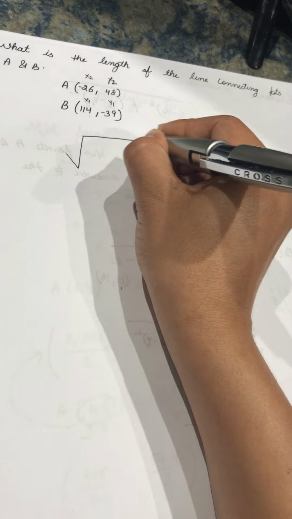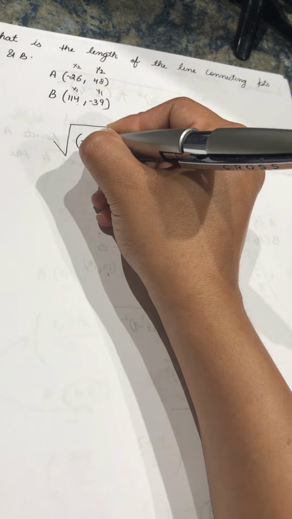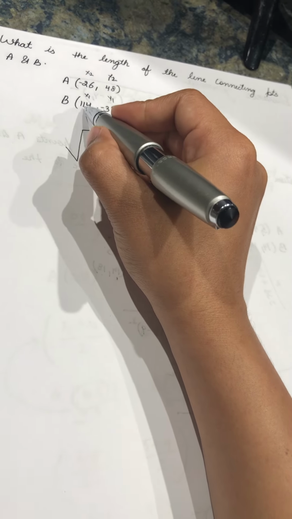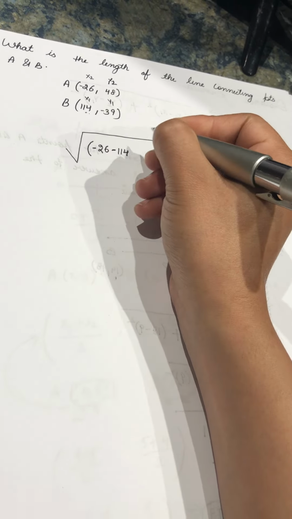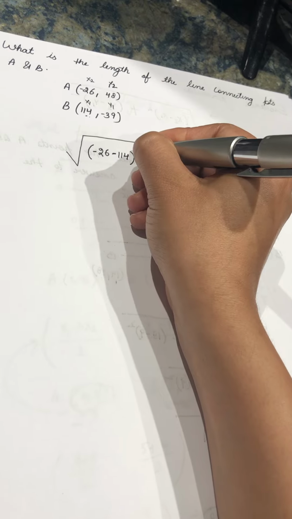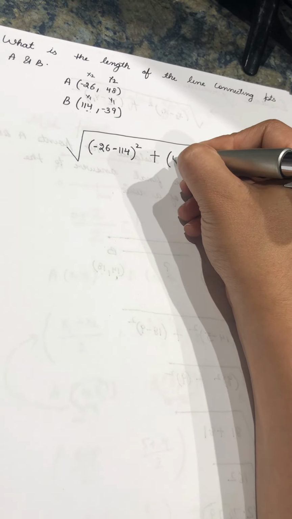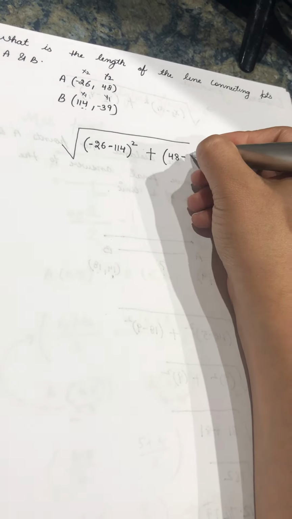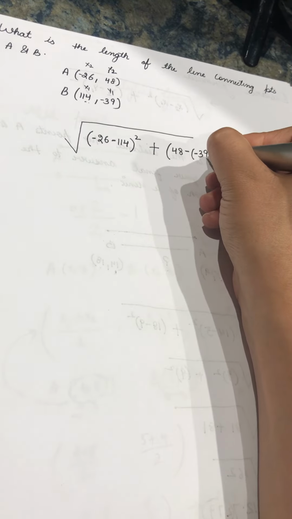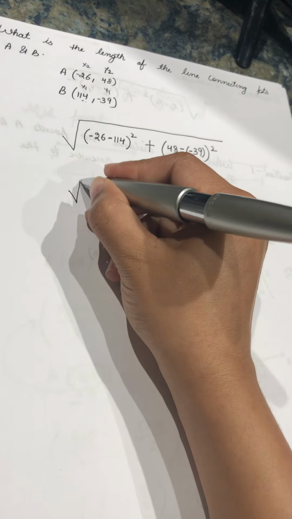Just because here is a minus, that's why I'm showing you this. Under the root, minus 26. Now this will be minus 114 whole square plus 48 minus minus 39 whole square.